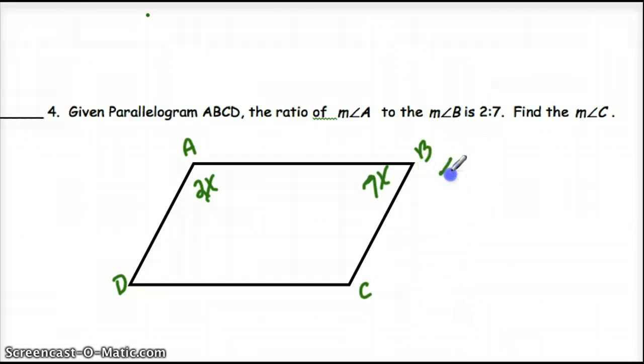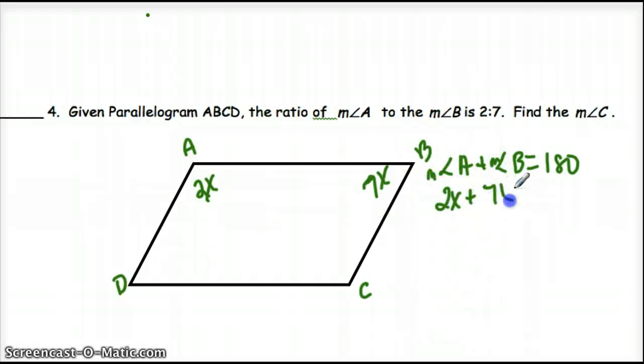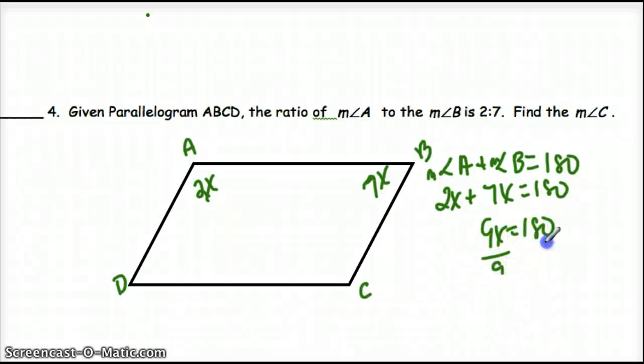So we're going to say that angle A plus angle B is equal to 180 degrees, and that's the measure. And by substitution, I can say that 2x plus 7x equals 180. That means that I have 9x equals 180. You're going to solve for x, and I'm going to have x equals 20.